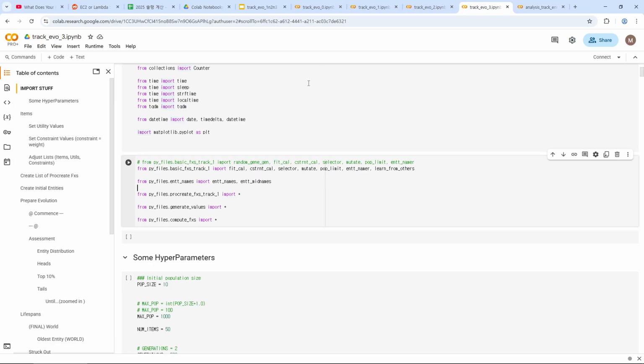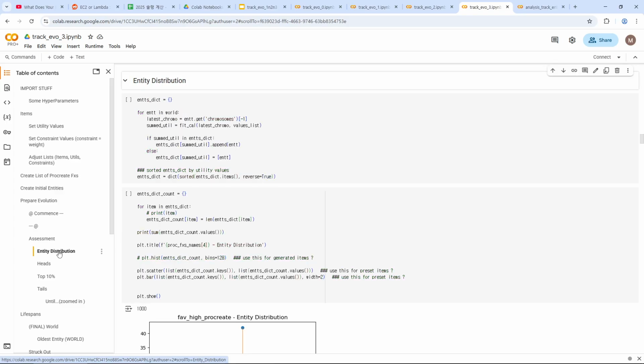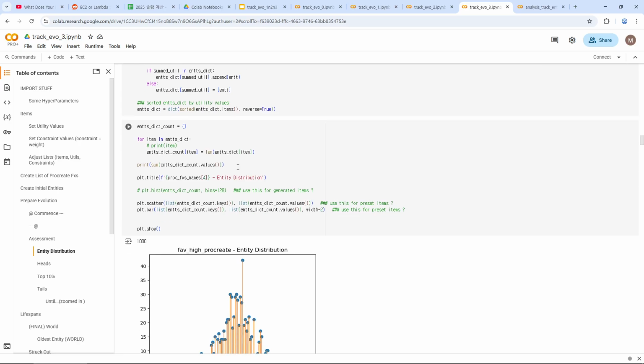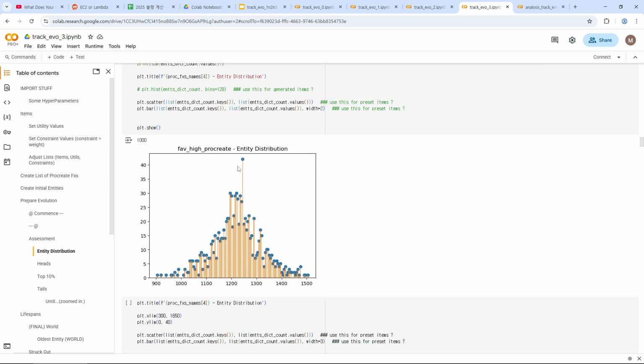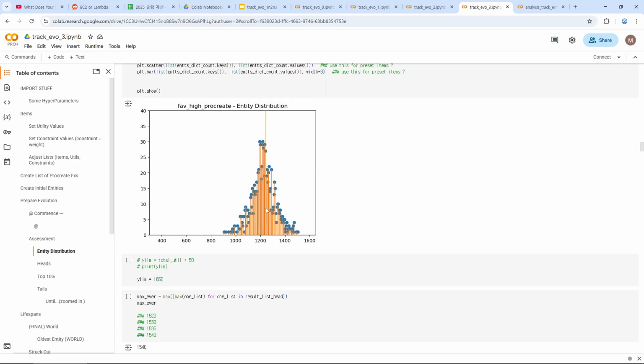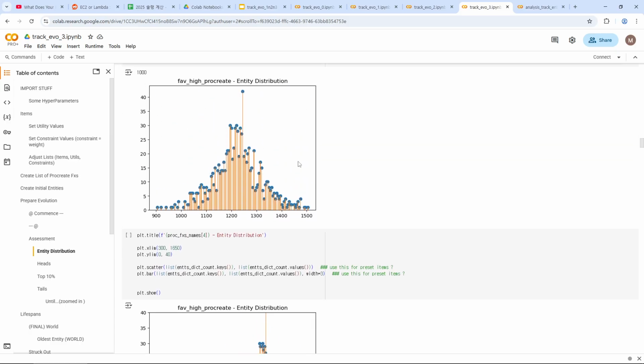So that's what I started doing in this notebook, that is TrackEvo 3. You can see the function name, learn from others. I would like to go through everything I did, but that's just too much. Ultimately what that does is it moves the entire population.